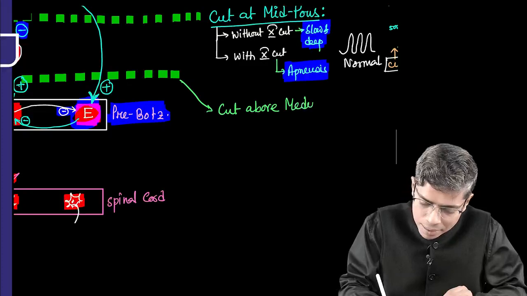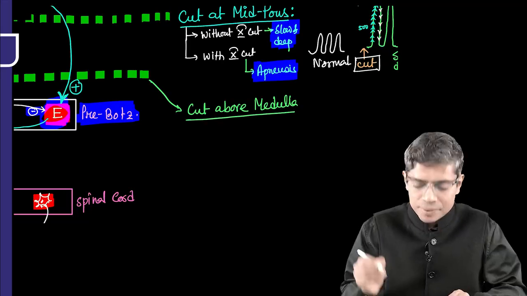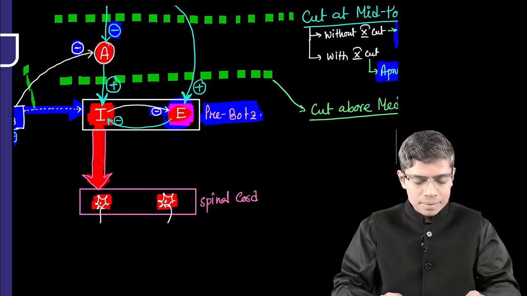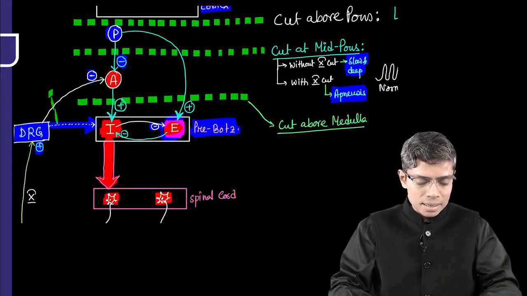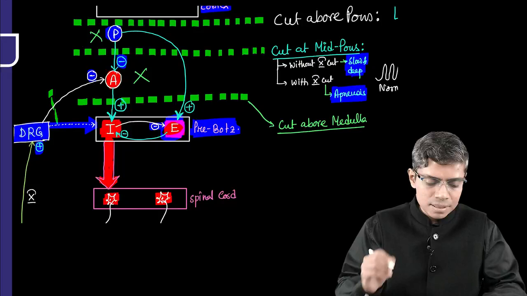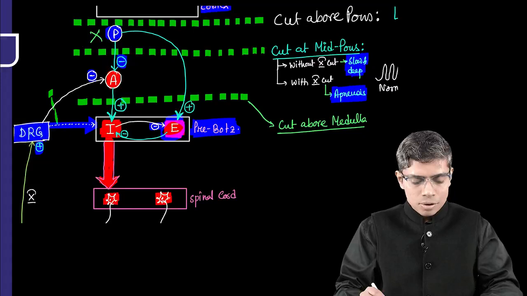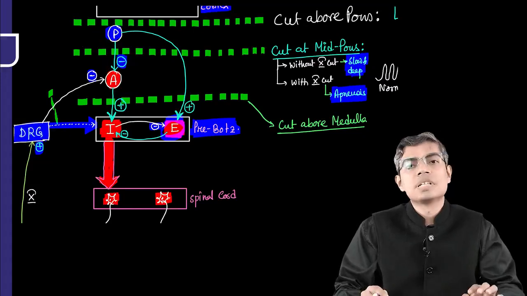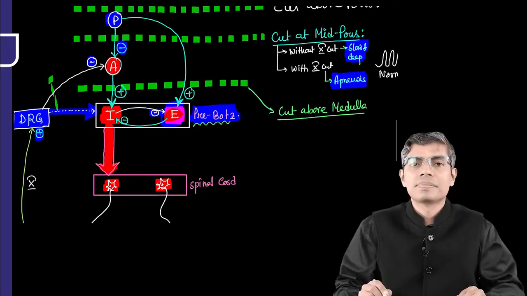If you give a cut above medulla, what centers are separated from your respiratory center? So now I can see that my pneumotaxic center is gone, the apneustic center is also gone. So pneumotaxic and apneustic, both centers are not connected with the pre-Bötzinger complex. So the pre-Bötzinger complex is still intact.